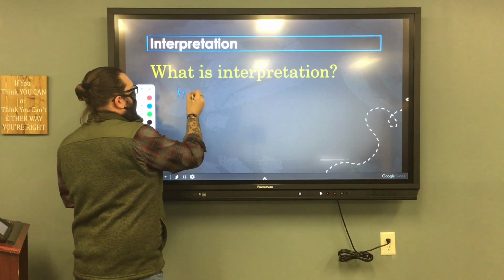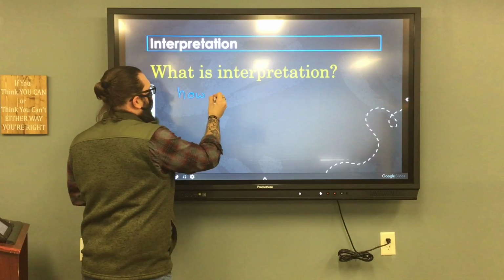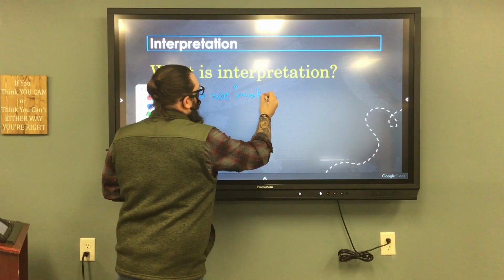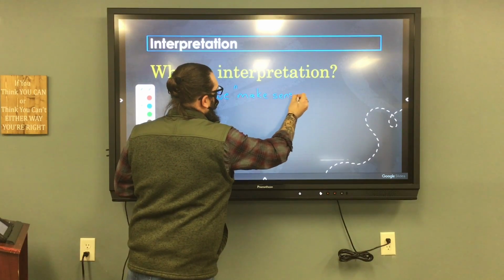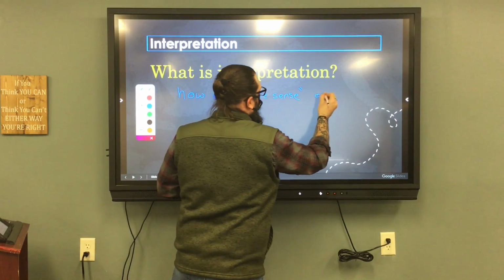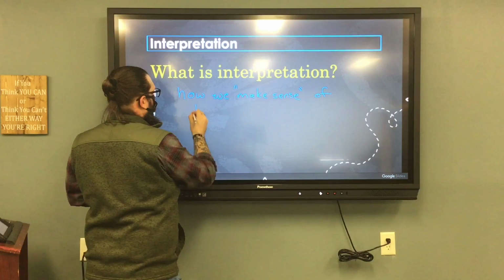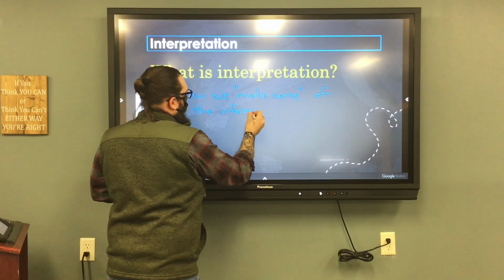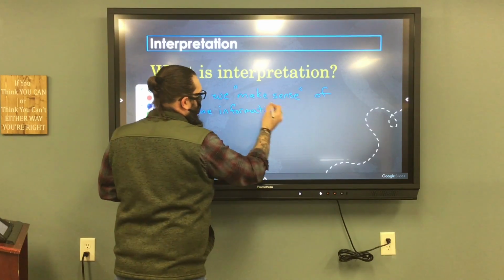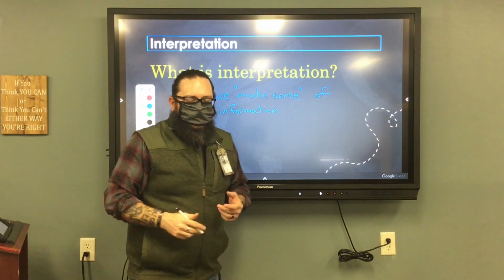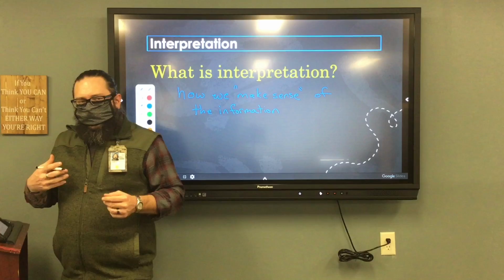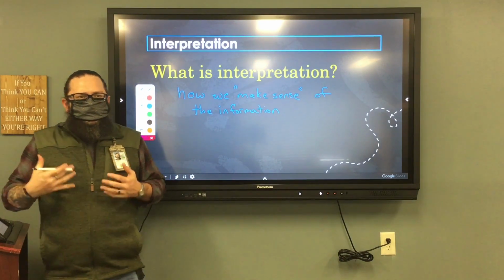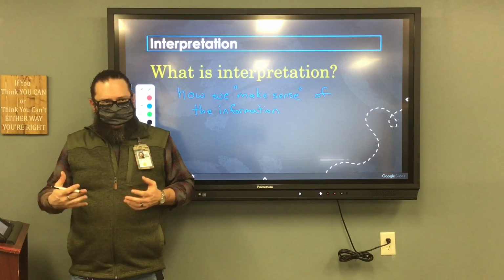So the simple definition is interpretation is how we make sense of the information we get in the details. So whenever you are asked to interpret something, it is when you read it, how do you understand it? How do you make sense of it?